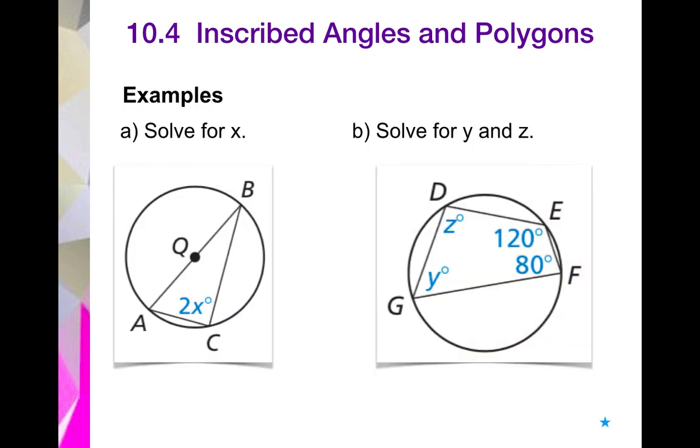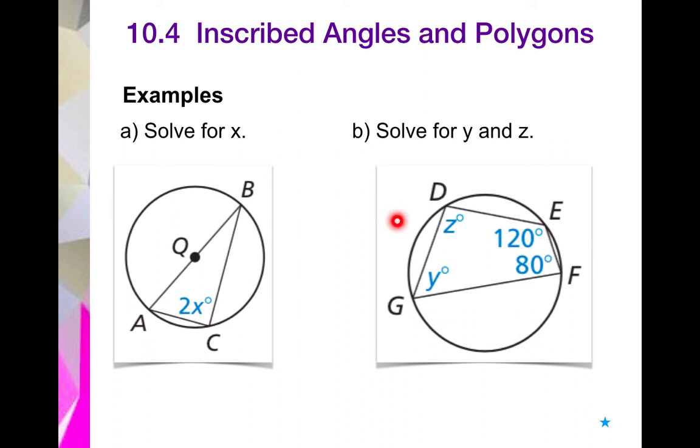And here we have a couple problems. I have a diameter and I have an inscribed angle, and the inscribed angle has to be exactly half of that. So if this is 180 degrees, then this must be a 90-degree angle, and you can solve for x.